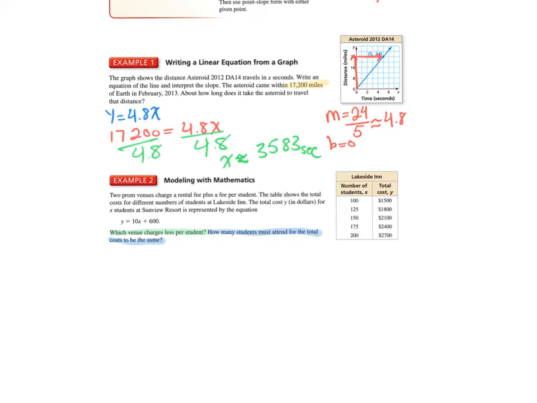So we need to figure out the cost per student from Lakeside Inn, and we only have a table of values. So we need to find the slope, and we can do that by using 2 points. We'll call this point 1, so it's x1 and y1. The second one would be point 2, so x2 and y2.